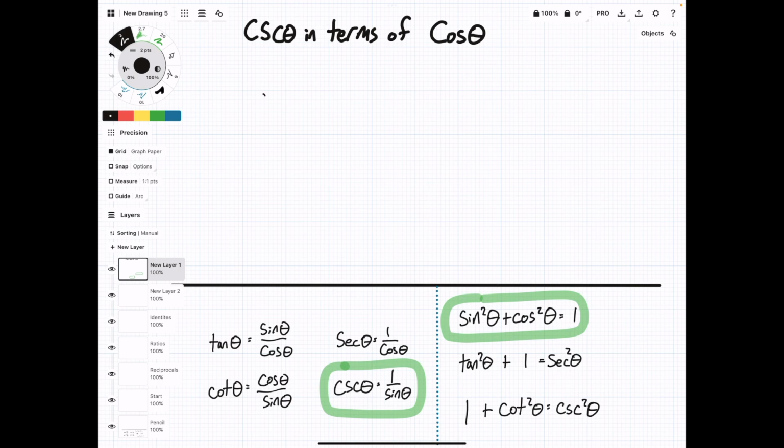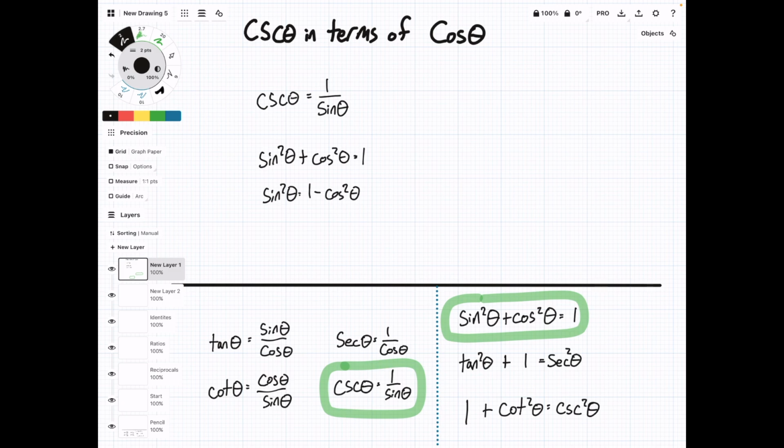We're going to have cosecant theta is equal to 1 over sine theta. And then we want to get an equation for sine. So pulling up sine squared theta plus cosine squared theta equals 1. We can solve this for sine. Sine squared theta equals 1 minus cosine squared theta.